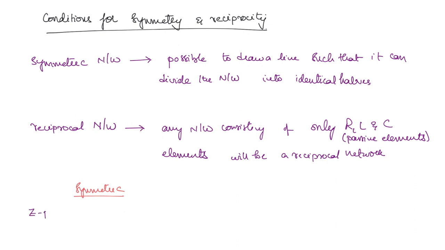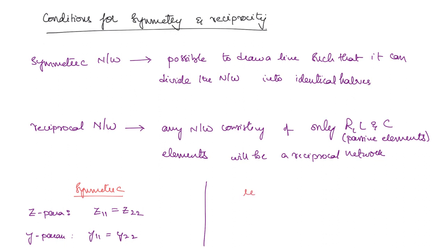Similarly, the driving point admittances should be the same. So Z11 is equal to Z22 and for the Y parameters, Y11 is equal to Y22. There is a derivation for this as well. If you want, you can go through the textbooks, but it is not necessary for us to know the derivation. The condition is enough as of now.